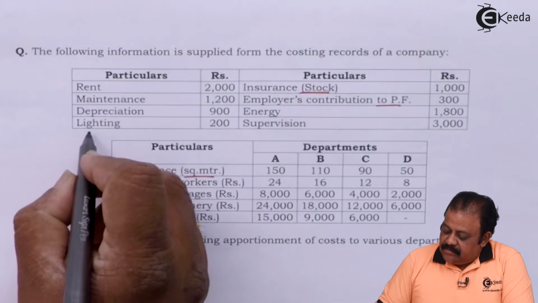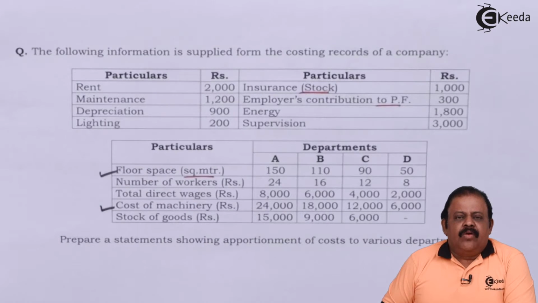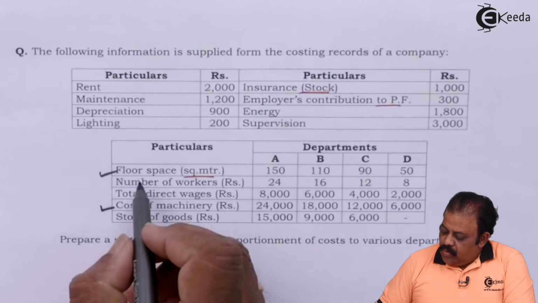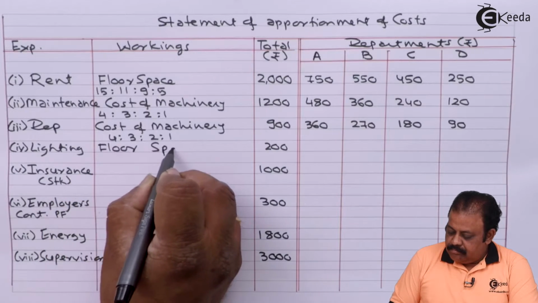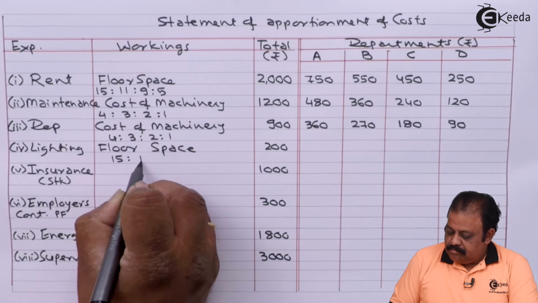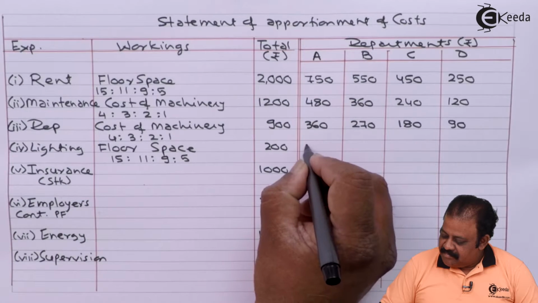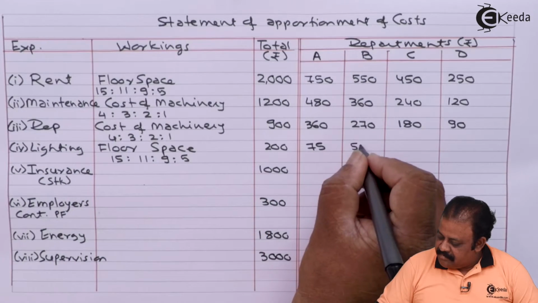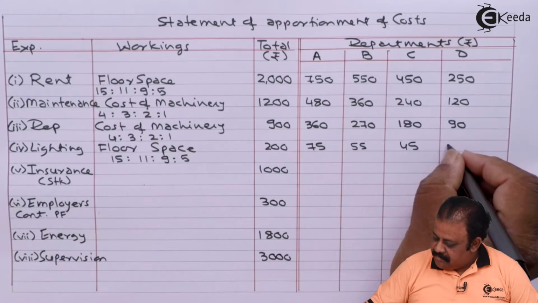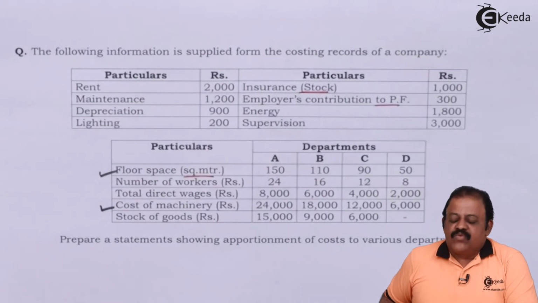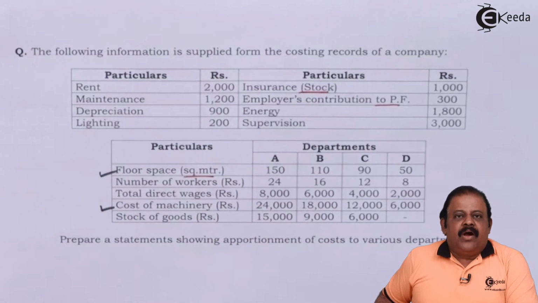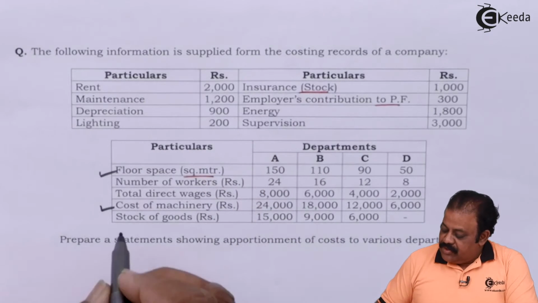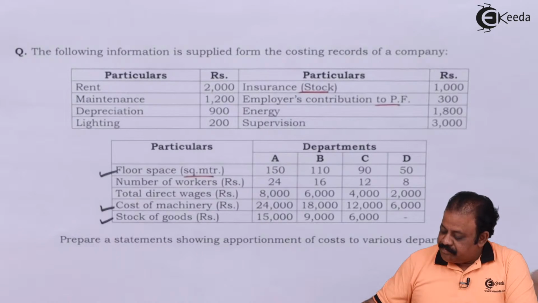Next, lighting. It will be allocated based on floor space. Next we have insurance of stock. This will be allocated in the ratio of stock of goods.